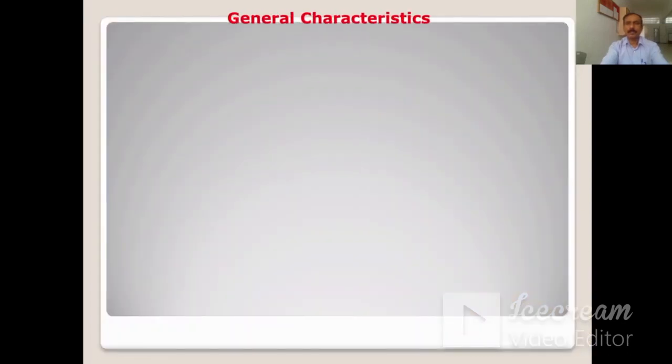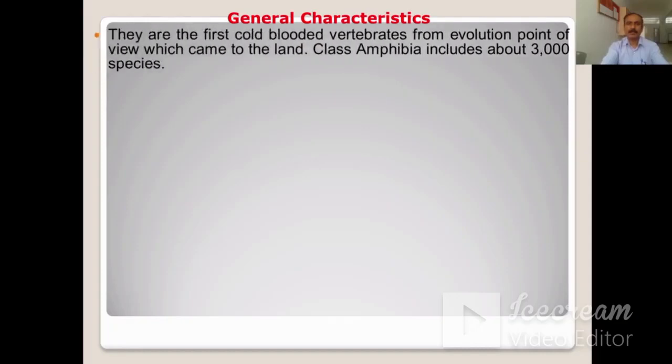Let us discuss the general characteristics. This is the first character, that is the animals belonging to Amphibia are the first cold-blooded vertebrates, from the evolution point of view, which came to the land.